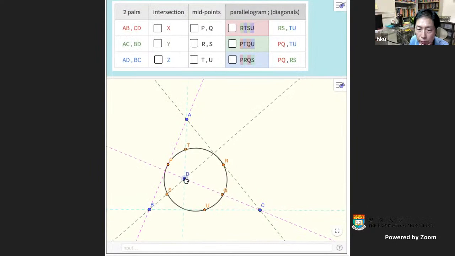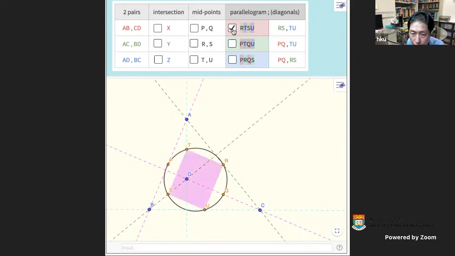And then you move to other 3 points on the circle, and you will find that the parallelograms nicely form 3 rectangles, which also makes sense, okay? Because in general, a parallelogram cannot be concyclic unless it is a rectangle. Now, if you accept that the 3 quadrilaterals here must be parallelograms, then the only way for them to lie on the circle is for each one of them to be a rectangle.